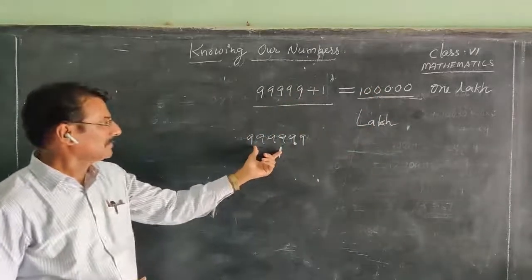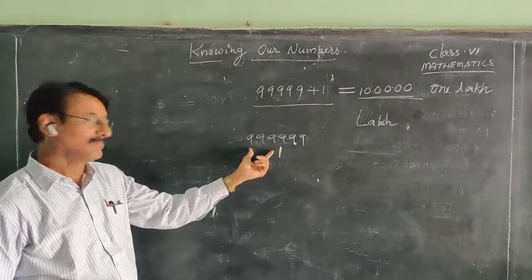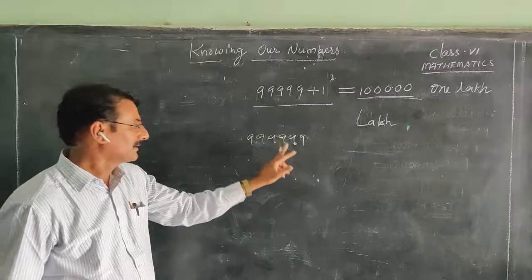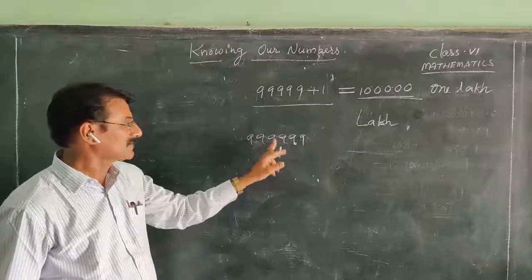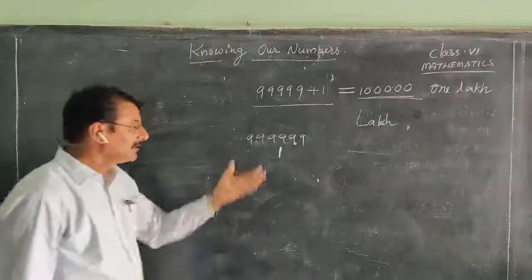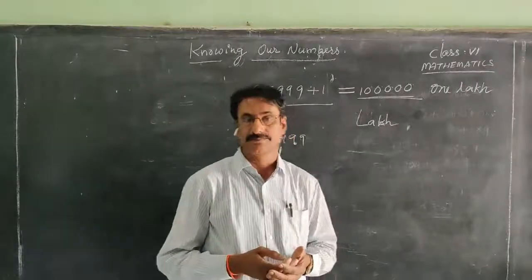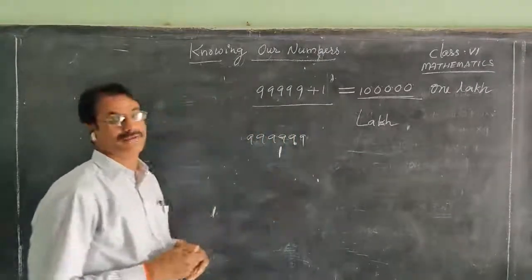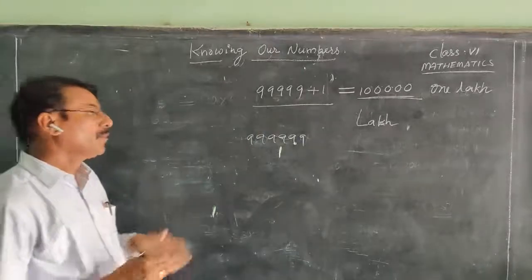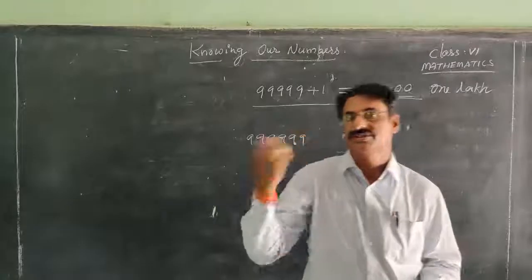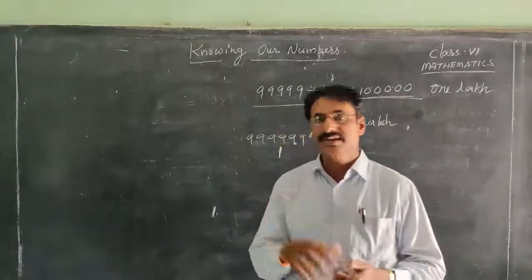It is also a 6-digit number, 9,99,999. It is the highest, largest 6-digit number. If we add 1 to this one, can you guess?